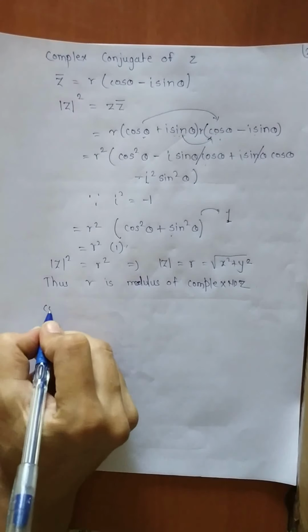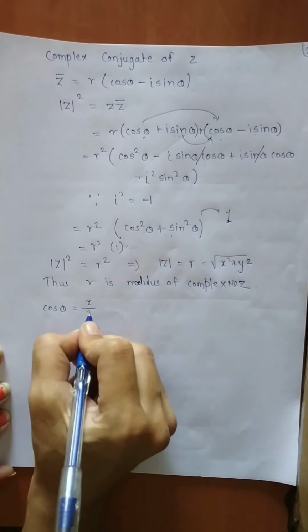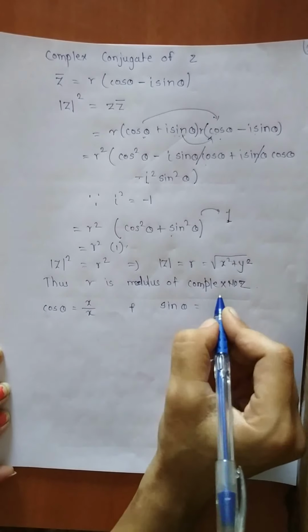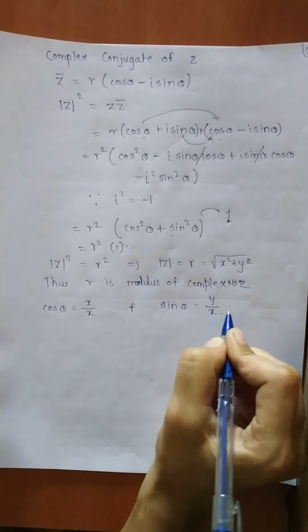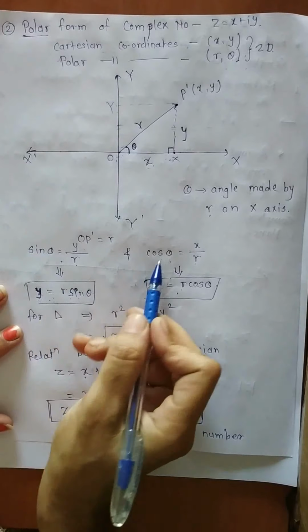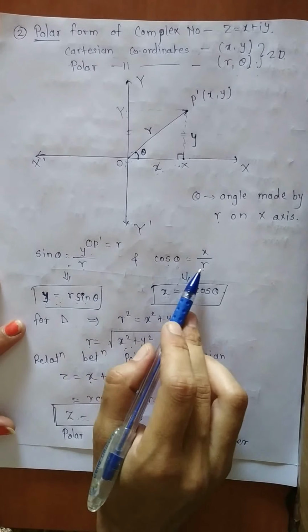Now from geometry we have already derived that cos theta equals x upon r and sin theta equals y by r. This we have already discussed in this diagram. We derived this relation between Cartesian coordinates and polar coordinates.